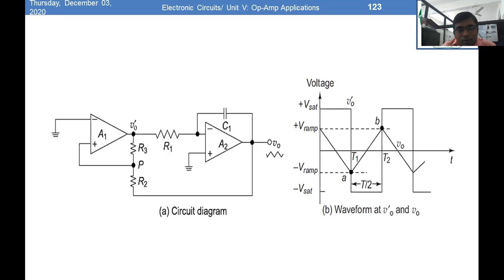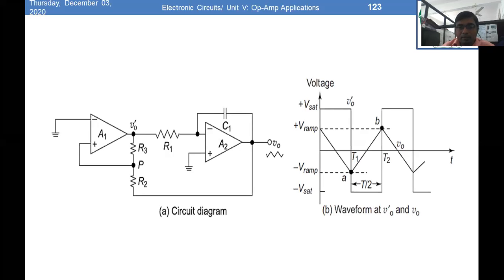A1 is a non-inverting comparator, just a Schmitt trigger, and its output is given to the input of the integrator circuit, which results in a triangular wave generator. You can see in the waveform, instead of an exponentially rising waveform, there is a linear triangular waveform along with the square wave, because the first stage produces a square waveform and the second stage A2 produces a triangular waveform.